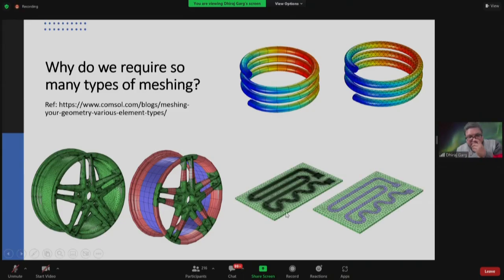Another thing is like in this case. So here you can see there are two things. It's a microfluidic channel inside a slab. So first of all, how do you know which is inlet and outlet? You have to define the boundary condition at this or this point. Second, by itself, the system does not know where the fluid should flow and where it should not.